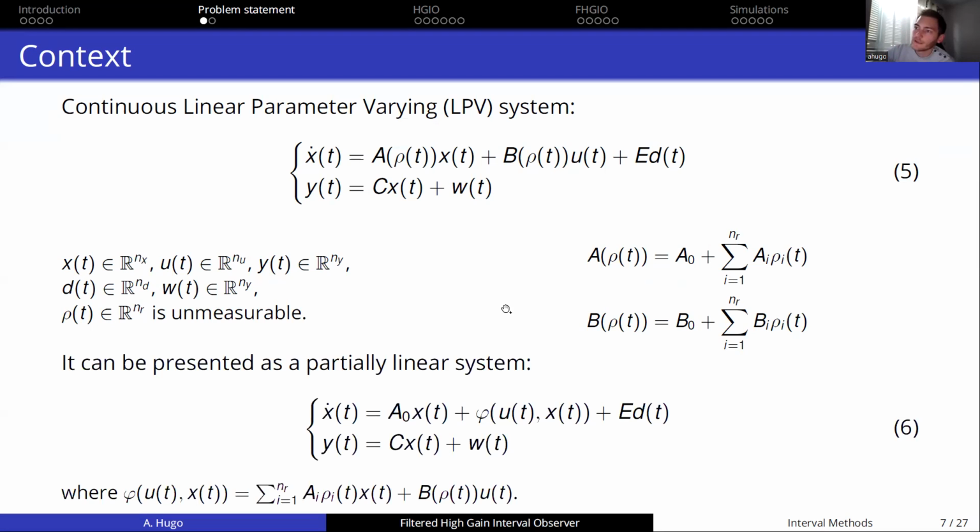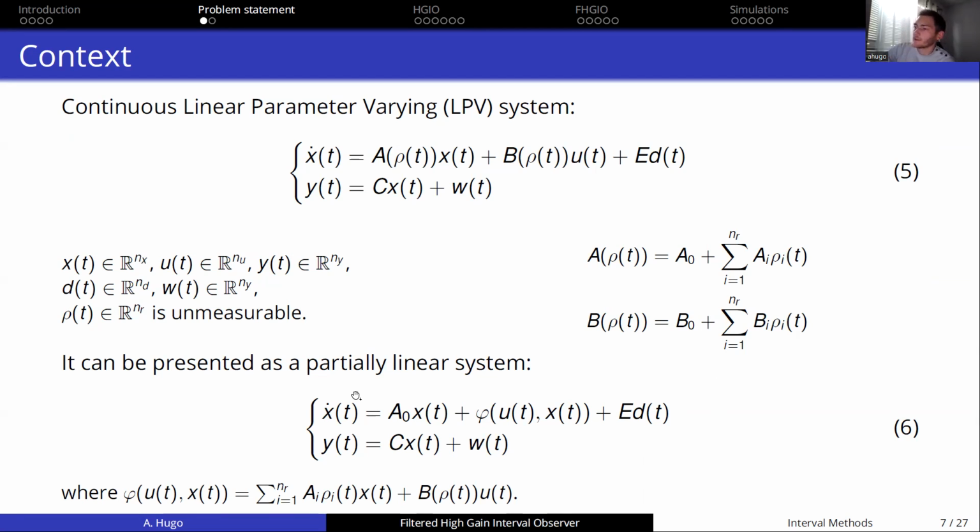And so we can note that this type of system can also be represented as a partially linear system, like equation 6, which looks a bit like the class of systems considered for high-gain observers. And it will also have the advantage of simplifying the notations.